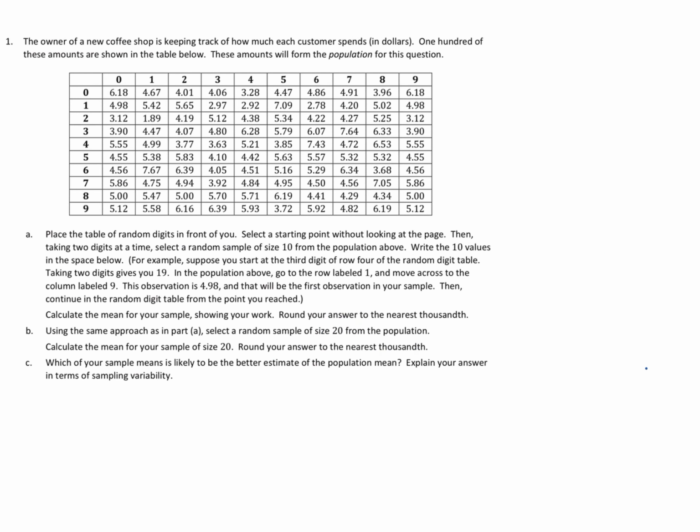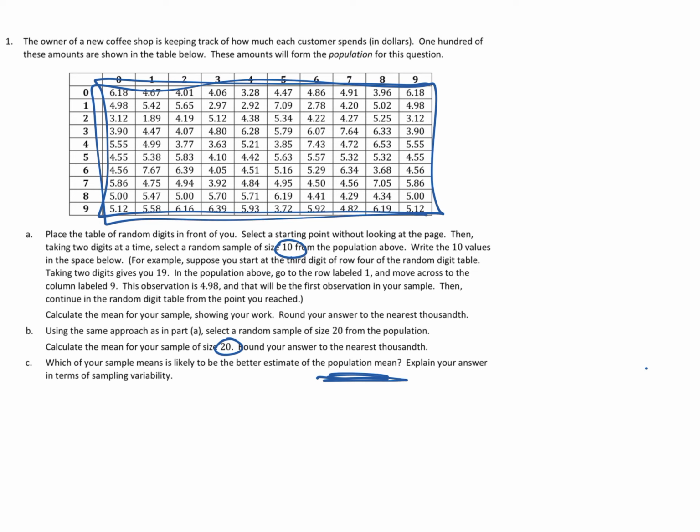Part C says, which of the sample means is likely to be a better estimate of the population mean? Which sample, either using 10 or 20, is going to be closer to the mean of all 100 numbers? And explain your answers in terms of sampling variability. When you take a sample that has more in it, we decrease our sampling variability.